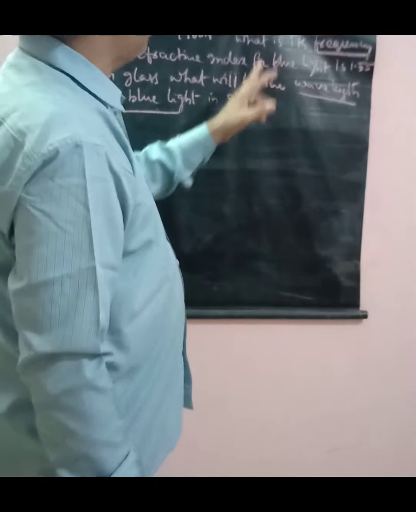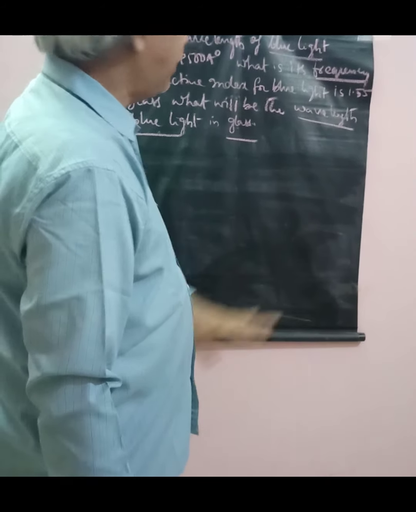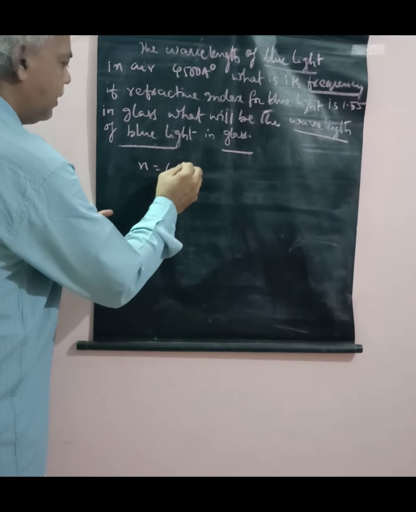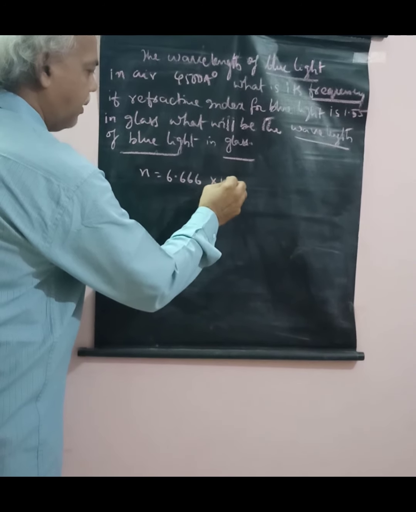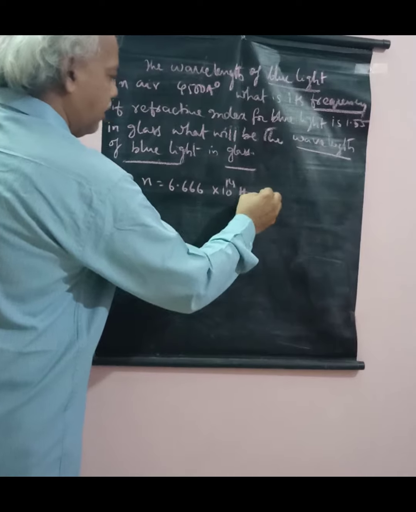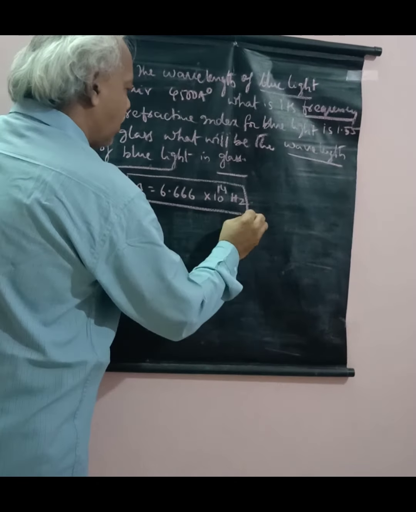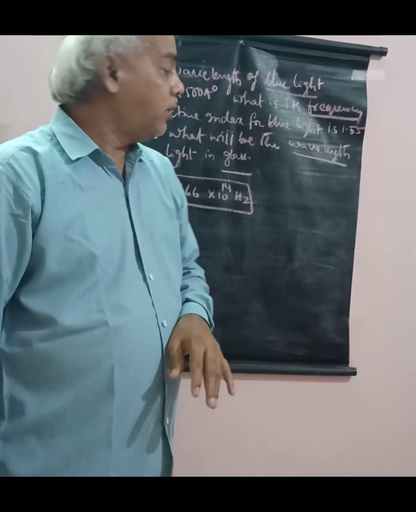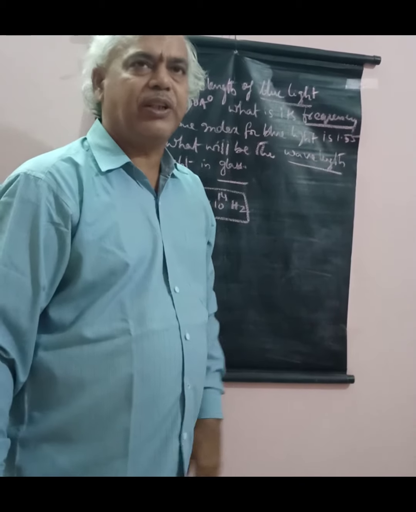The frequency of blue light is 6.66 into 10 power 14 Hz, that is 6.6666 like that into 10 power 14 per second. This frequency value does not change when the light moves in any medium. But what happens? The wavelength and the speed change.